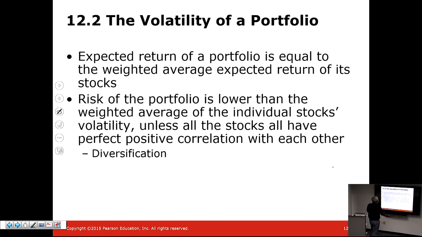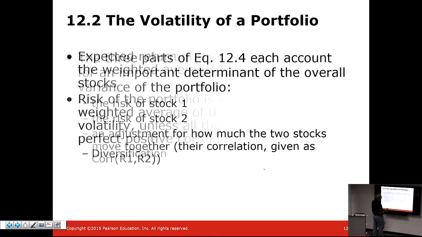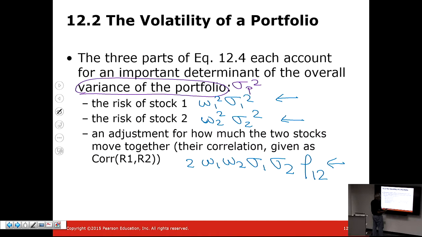So the expected return of the portfolio, that's the easy part. Expected return of the portfolio is the weighted average of the stocks that make up the portfolio. The risk of the portfolio is lower than the weighted average of the individual stock risk, as long as correlation between 1 and 2 is less than +1. For any number that is less than +1, it will be less than the weighted average, as we can see on this equation over here.